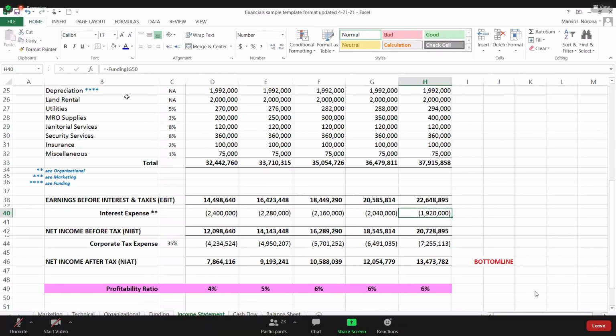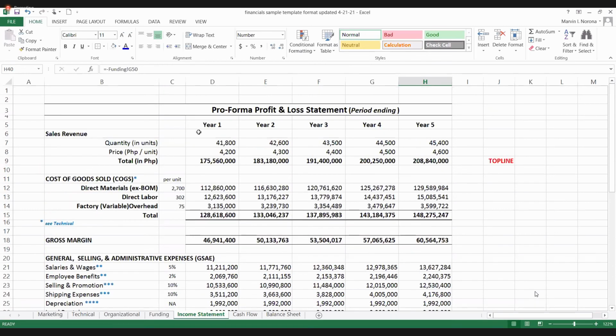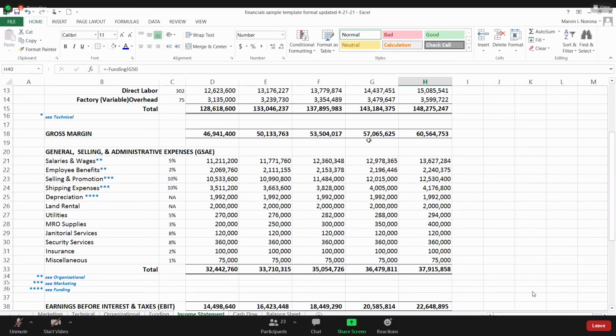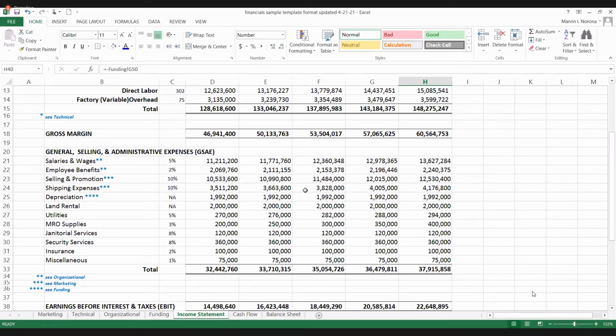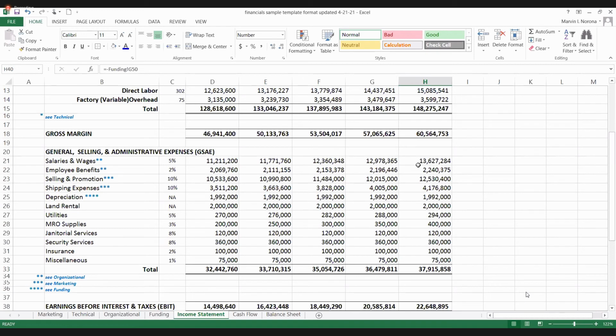Itong nilalagay natin dito sa profit and loss statement ay resulta lahat ng operations in producing and selling. Lahat ng gastos para sa mga transaction na yun, para sa operations, nandito lahat sa profit and loss statement. Yung mga gastos para sa financing, okay, dito ninyo makikita yan sa cash flow.